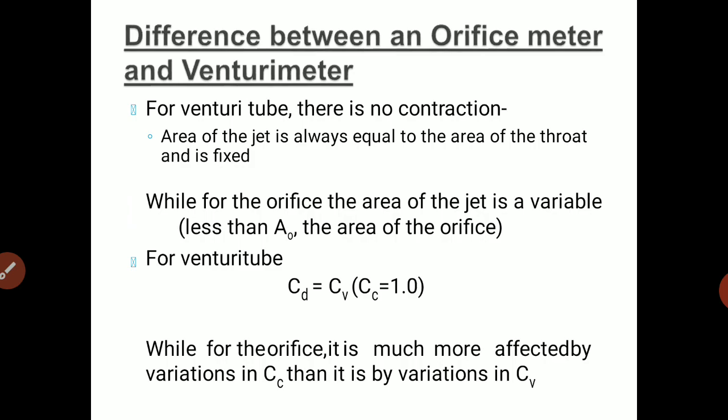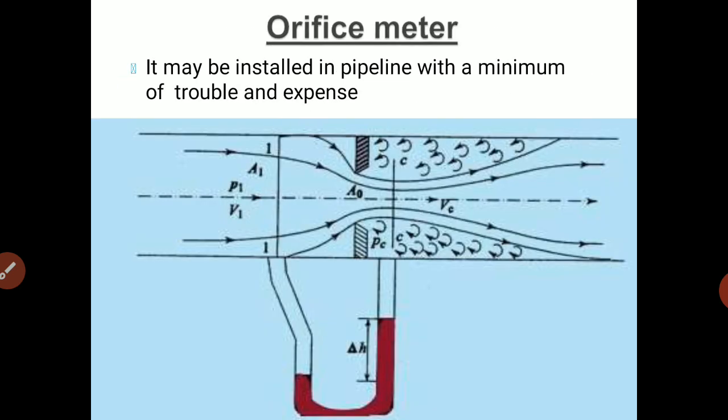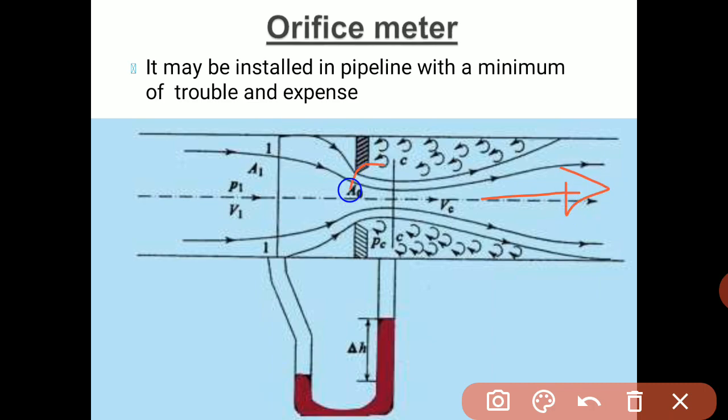The difference between the orifice meter and the venturi meter: for a venturi tube there is no contraction, as the area of the jet is always equal to the area of the throat and is fixed, while for an orifice meter the area of the jet is variably less. See this diagram, this is the area of the jet.